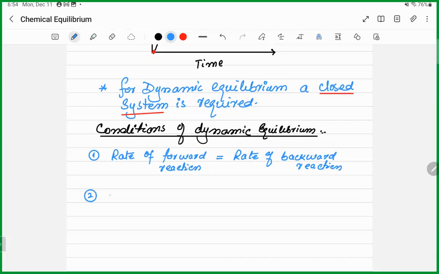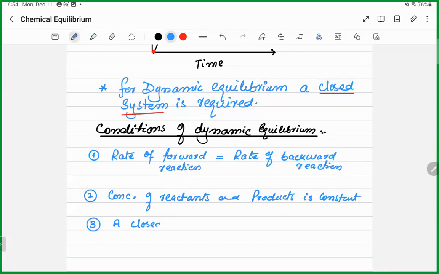Second condition, concentration of reactants and products is constant. And the third and the last condition, a closed system is required.